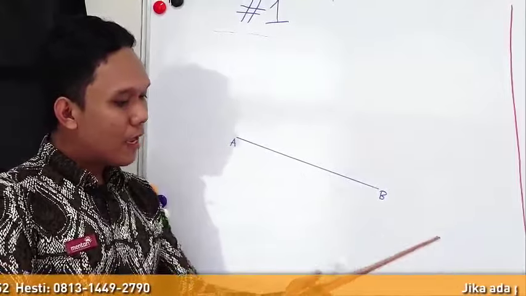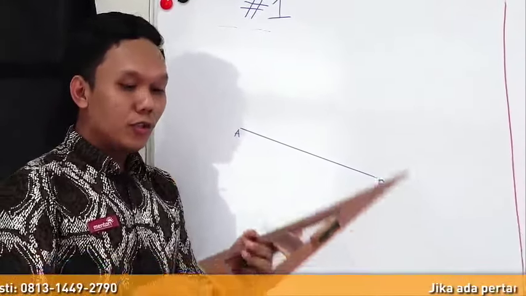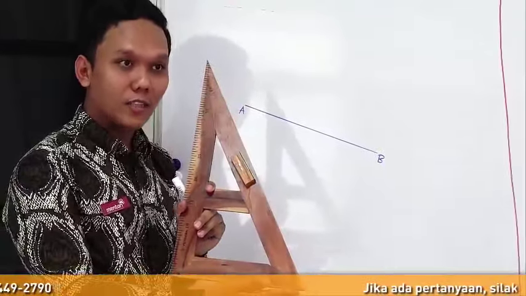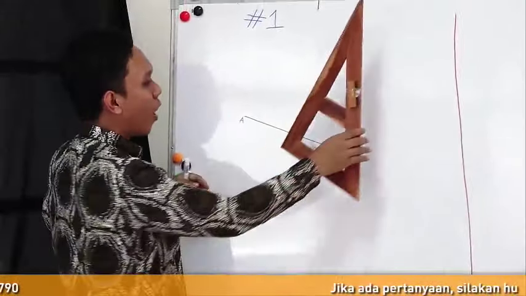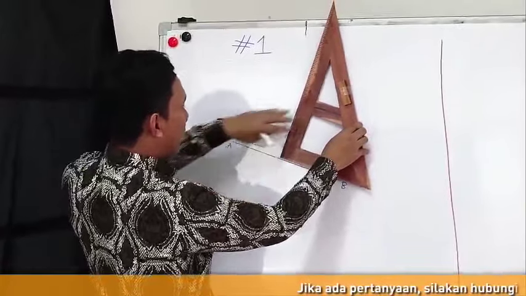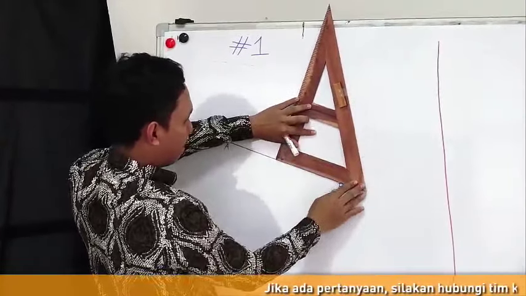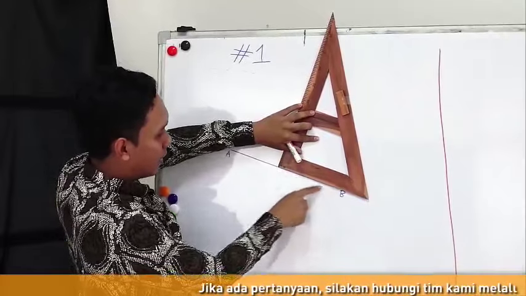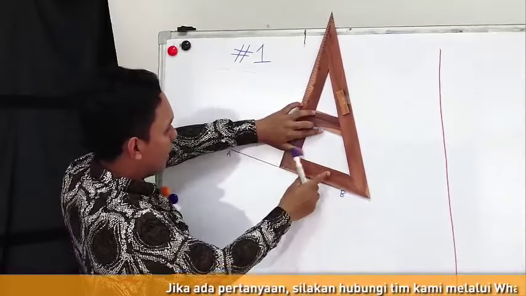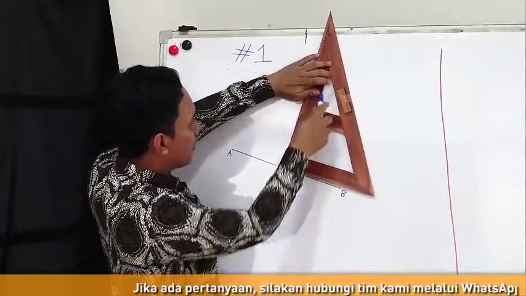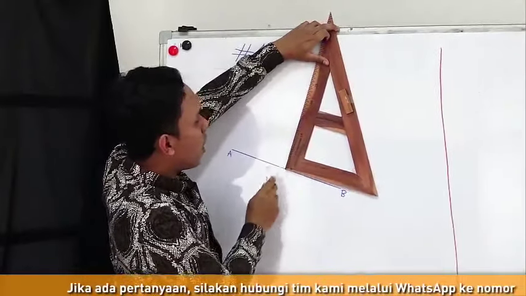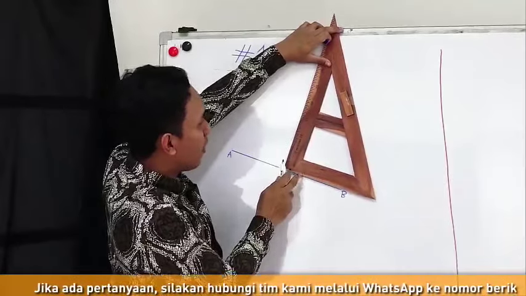So now let's use this edge of the set square, the shorter edge of the set square, and place the set square against the line AB. Remember, yeah, against. It should be overlapping, and we can draw another line by using the longer edge of the set square.